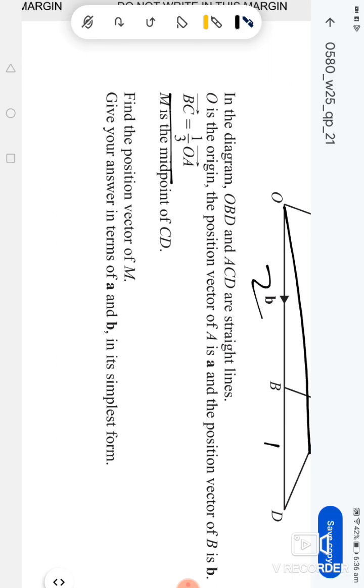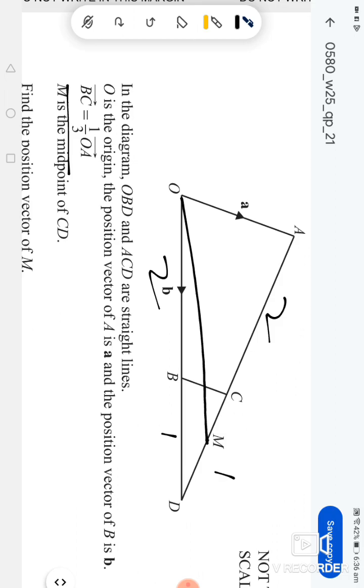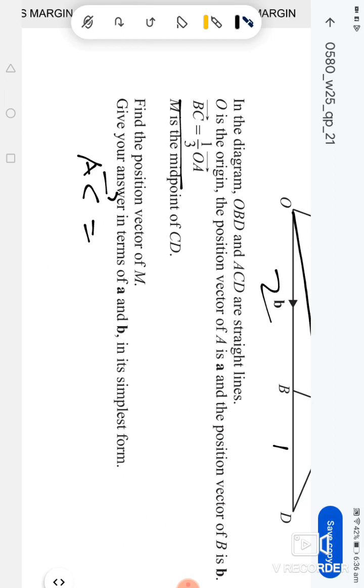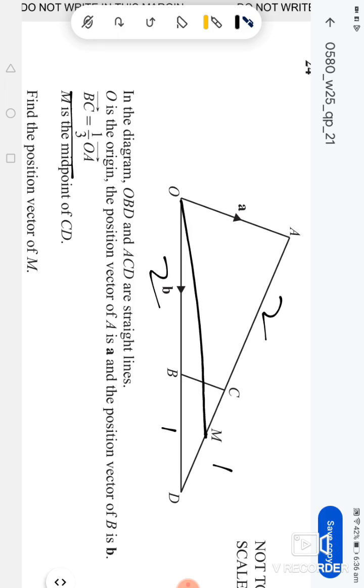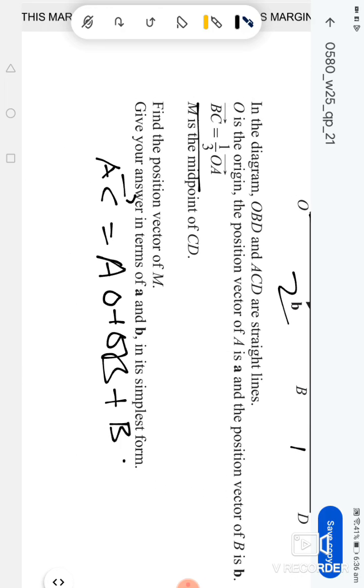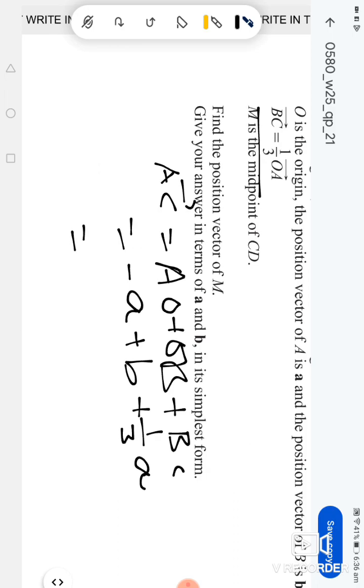AC equals AO plus OB plus BC. AO is minus a plus b plus 1 by 3 a, minus 2a by 3 plus b.